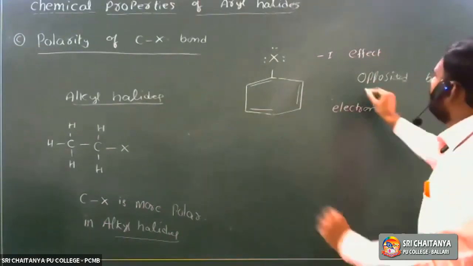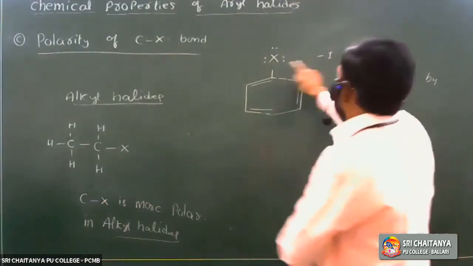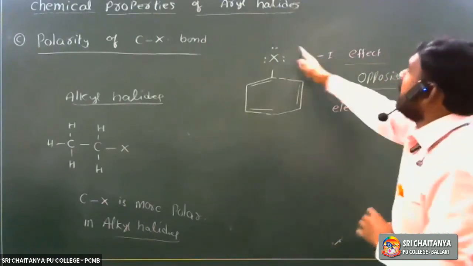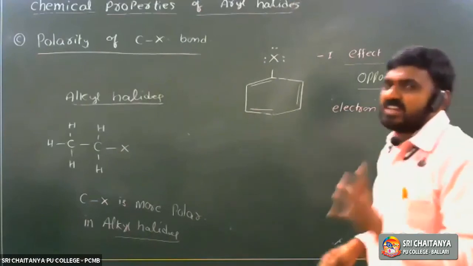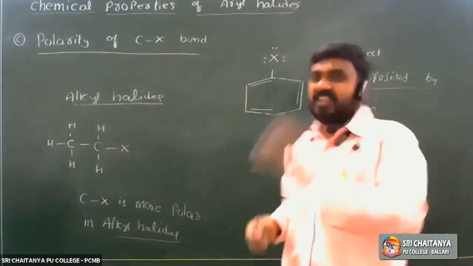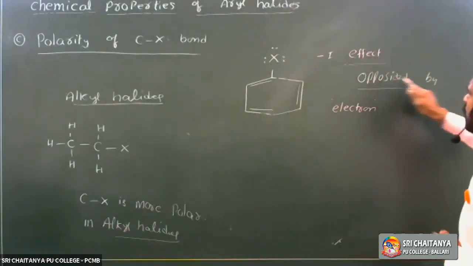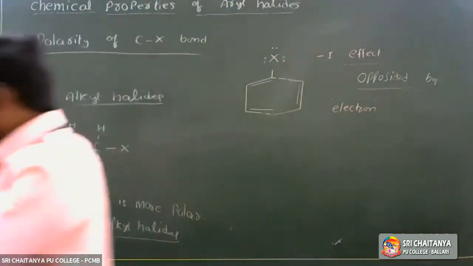This is the one important point. The nature of halogen is the minus I effect, and when it is in conjugation with the pi electrons, it also has an electron releasing nature. So the electron withdrawing minus I effect is opposed by the electron releasing resonance effect.